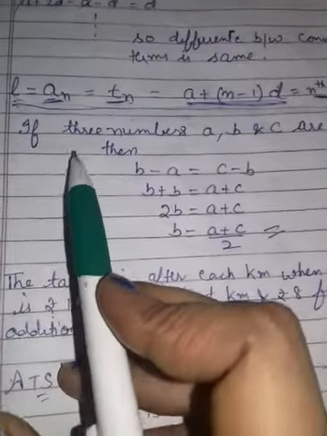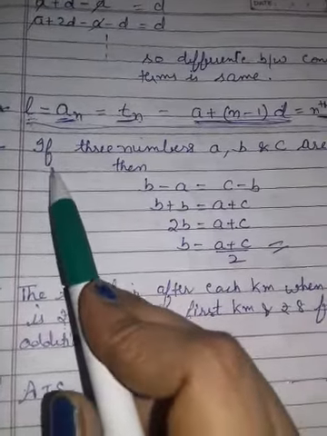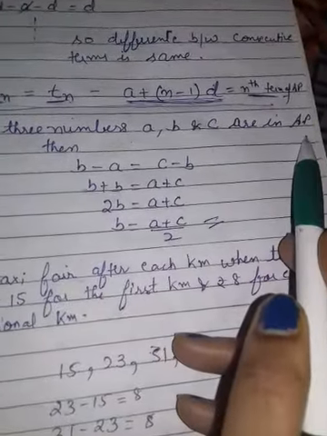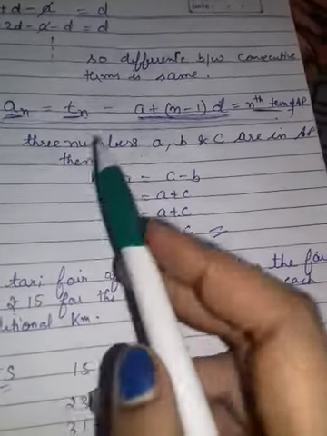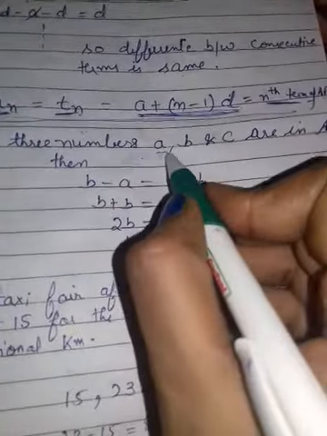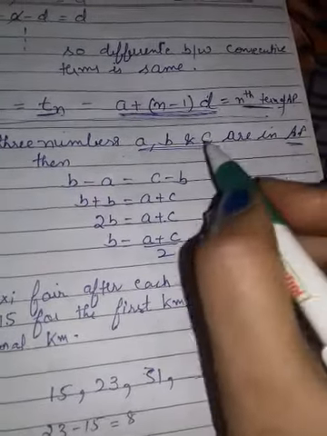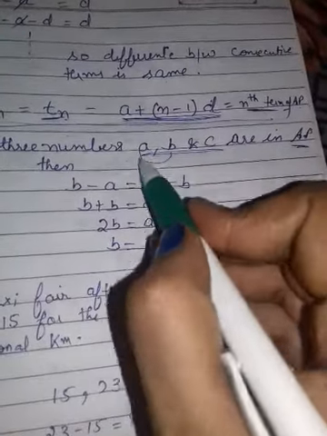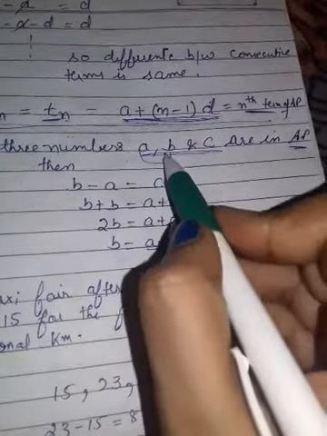Now we will discuss some questions. And one more result I am telling. If three numbers A, B and C are in AP, then which result is there? This is a very important result. If three terms are given to you in AP, you know the difference between two consecutive terms is the same. So B minus A and C minus B will be equal.